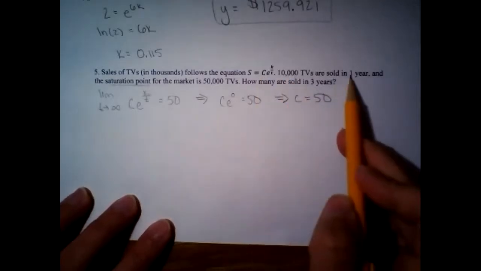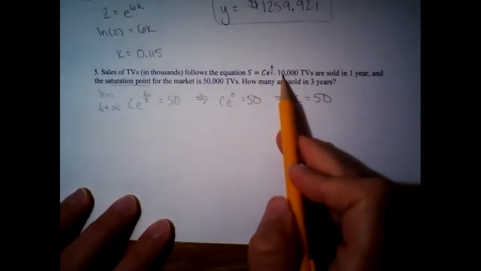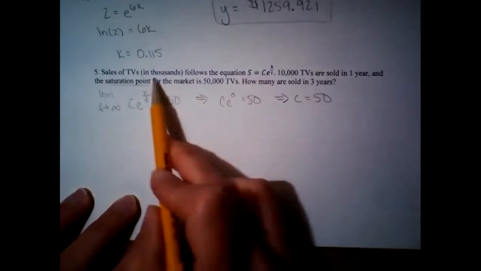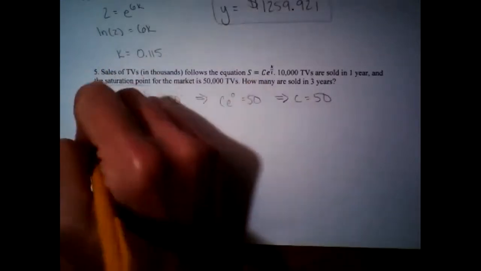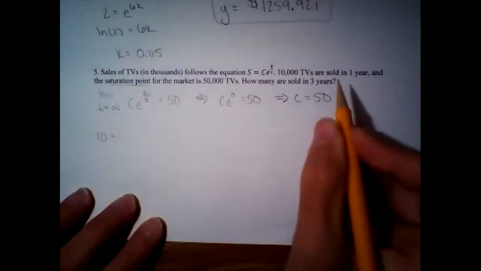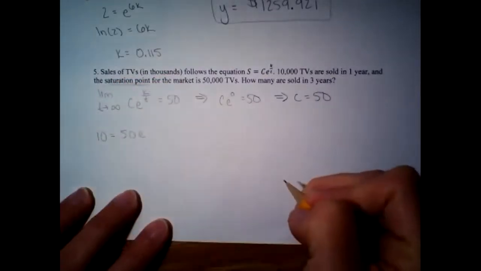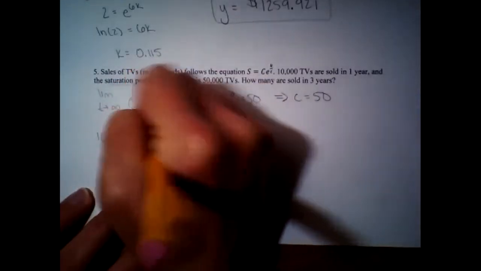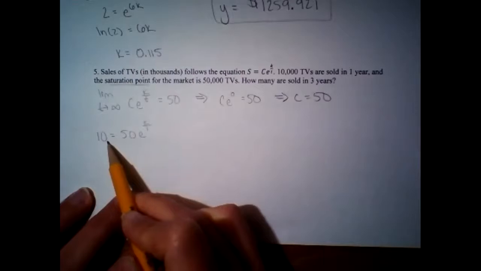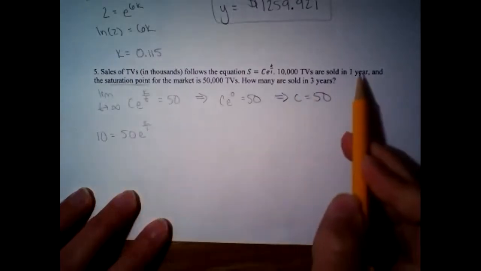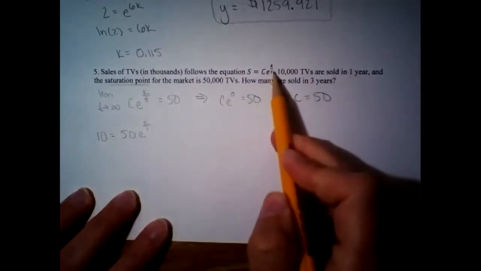10,000 TVs are sold after 1 year. So I'm going to put 10 for S, not 10,000, because remember it says in thousands. So I'm going to put in 10 for S, 50 for that C value. And then it's e to the power k over 1, because we sold 10,000 TVs in 1 year, so I put in 1 year for the time.